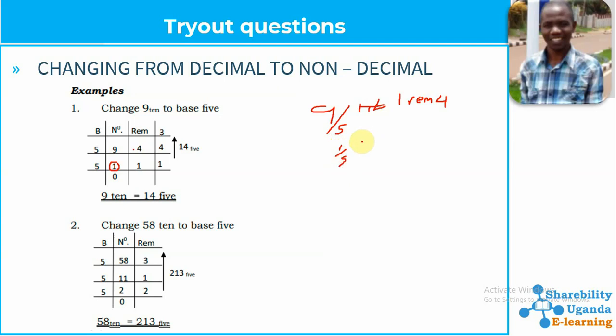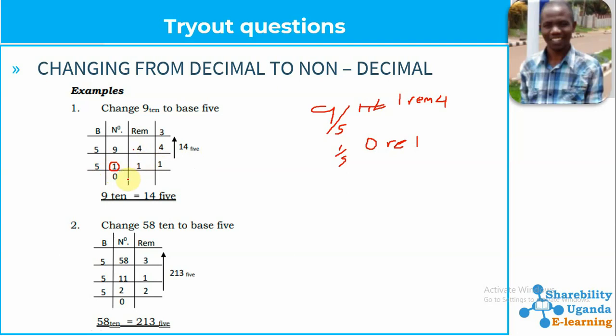So 1 divided by 5 is the same as 0, then we still remain with our 1.